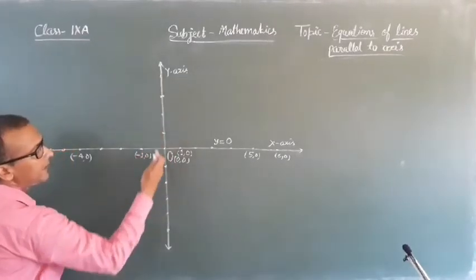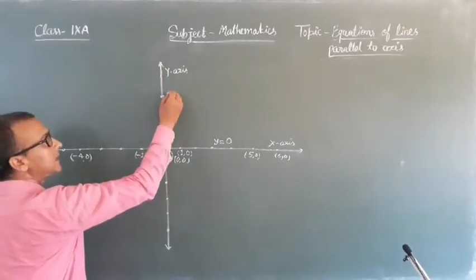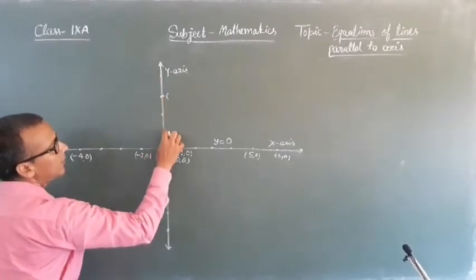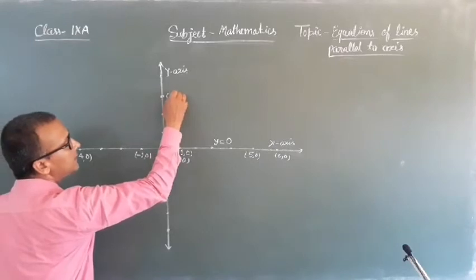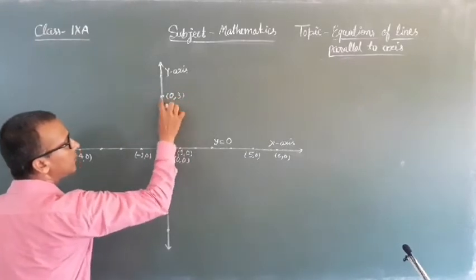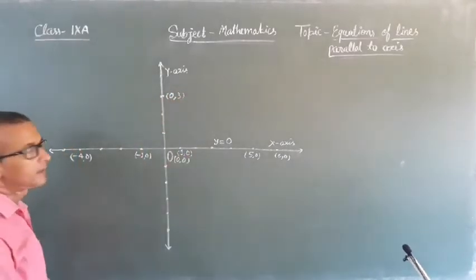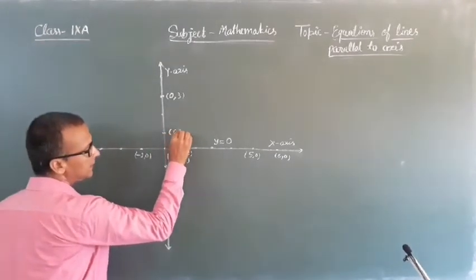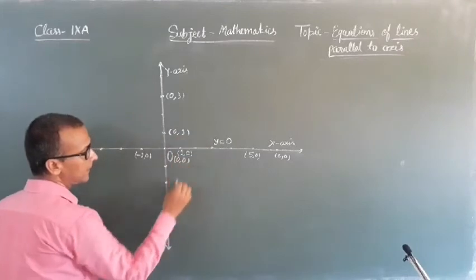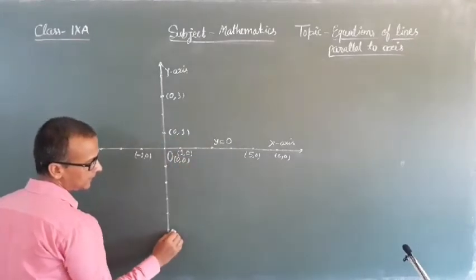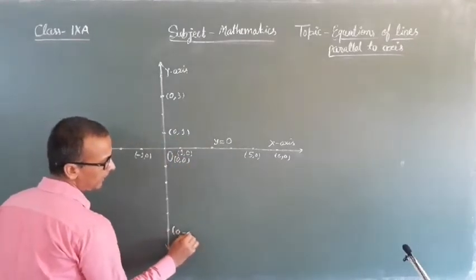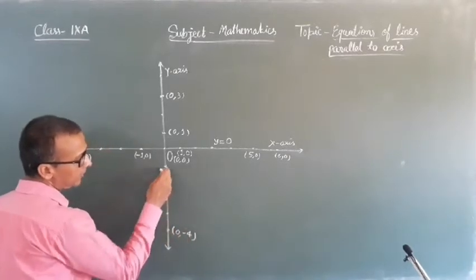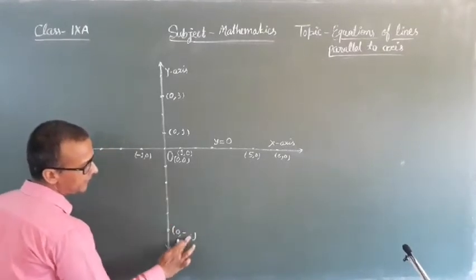Similarly, on the y-axis, the coordinate of this point is (0, 3). What will be the coordinate of this point? This is (0, 1). It is (0, -4).